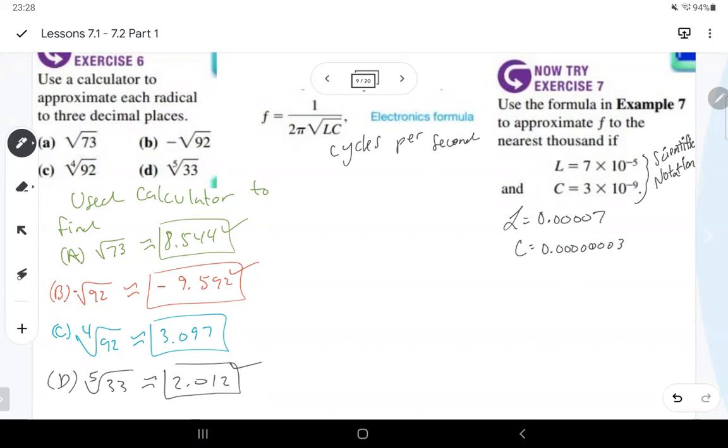And then we just have to plug them in. So F is equal to 1 over 2 pi times the square root of L times C. And then I can show you the steps on the calculator that I would take.